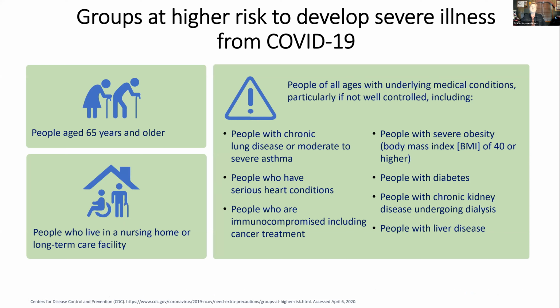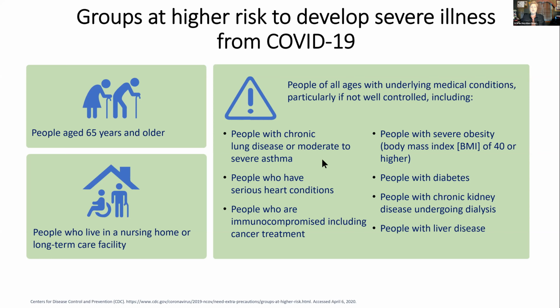If you have people living with you over 65, they are just as at risk as if they were living in a nursing home or long-term care facility. So young people have to remember that grandma and grandpa might be home when they're living in close knit worlds, and a lot of families have come together in this time to help support each other, so we have multi-age groups. So people of all ages with underlying medical conditions don't do particularly well.